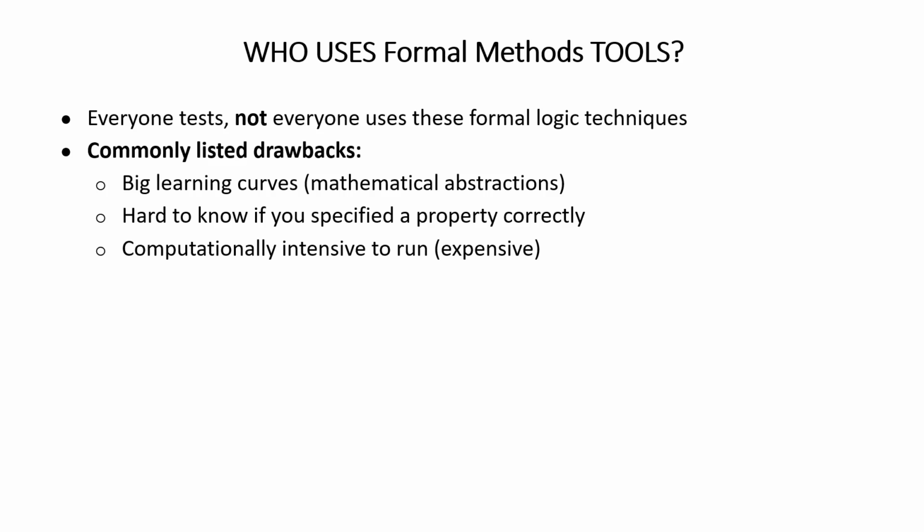And another thing is that it is computationally intensive to run these formal methods. There are some heuristics to speed things up, but some systems are simply impossible to really compute whether the specification is satisfied, or at least it takes a very, very long time.